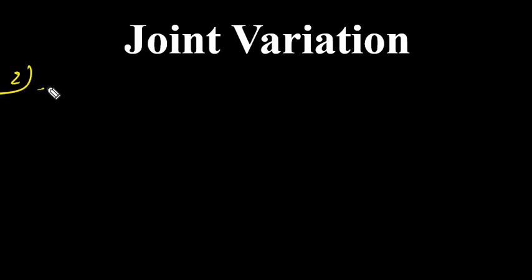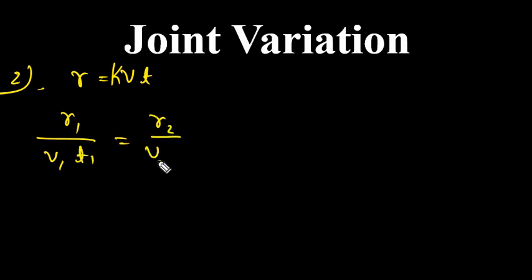Question number 2 says, suppose r varies jointly as v and t. So r equals k v t, taking k as the constant of variation. So r1 over v1 t1 equals r2 over v2 t2. We will use this information.